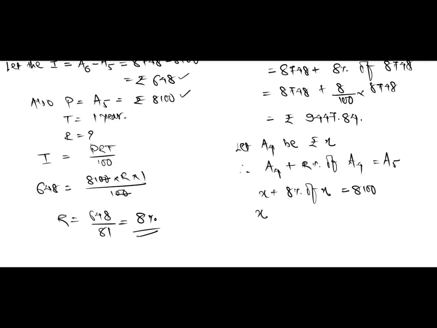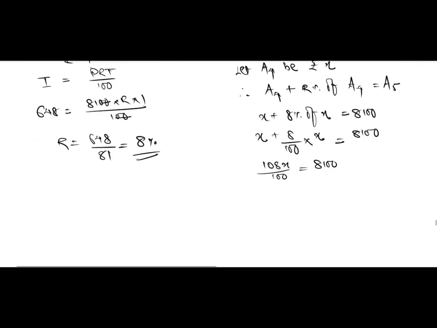So X plus 8 upon 100 into X is equal to 8,100. So 108X upon 100 is equal to 8,100, which gives X equal to 8100 into 100 upon 108.